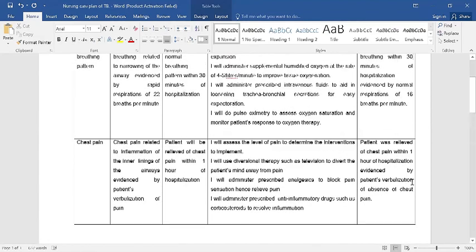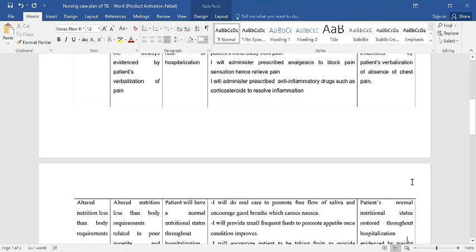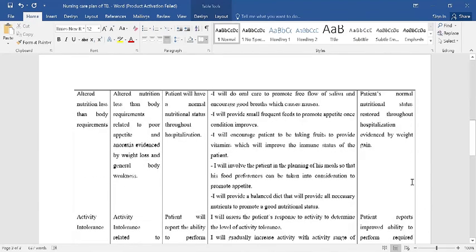So that is our evaluation. If you've noticed, all evaluations have "evidenced by". So the evaluation should have evidence by.